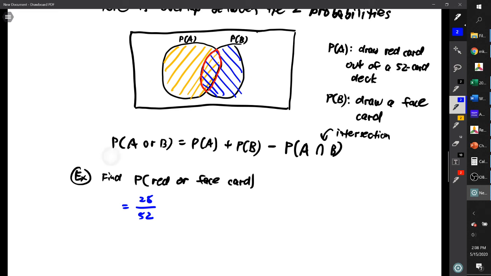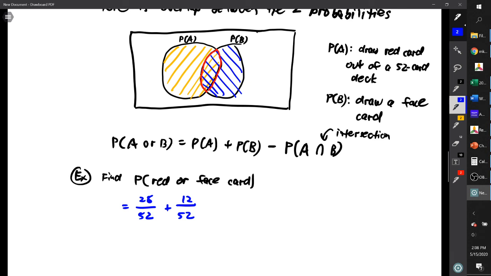The face cards are jacks, queens, and kings. There's a jack, queen, king for each of the 4 suits, so 4 times 3, a total of 12. 12 out of the 52 cards are face cards.